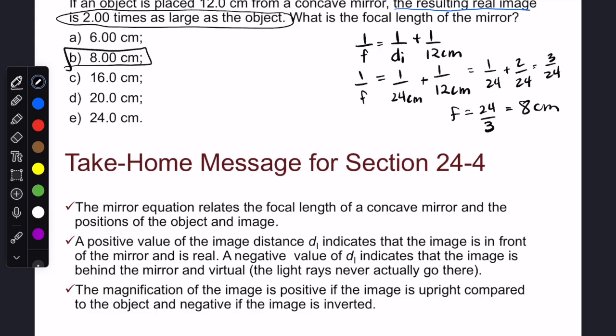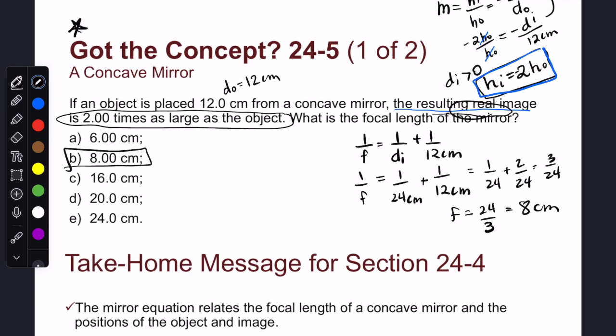The piece of information they gave us was that because the image was real, we had to go back and look at our ray diagrams and make sure that we understood that whenever we have a real image produced by a concave mirror, that image is inverted. And so when we applied the magnification equation, we had to make sure that we were writing our HI as a negative, okay?